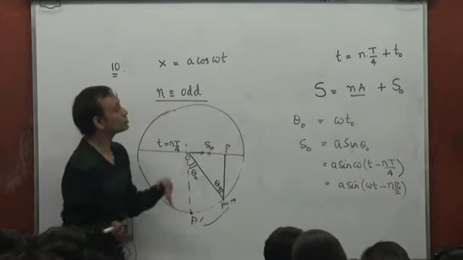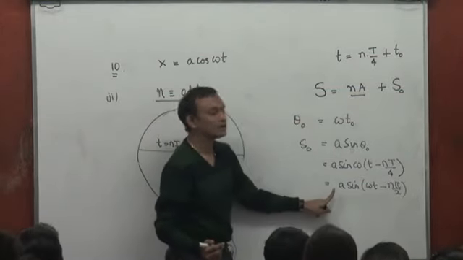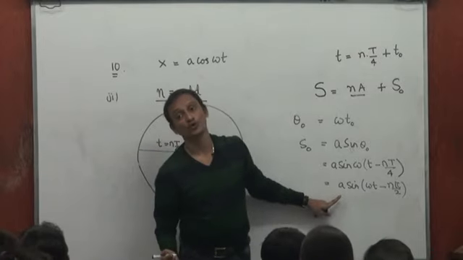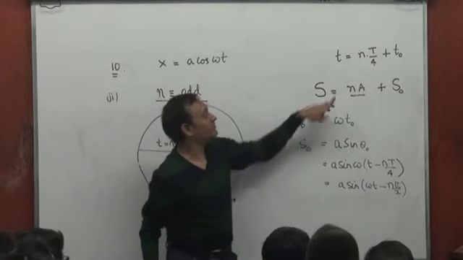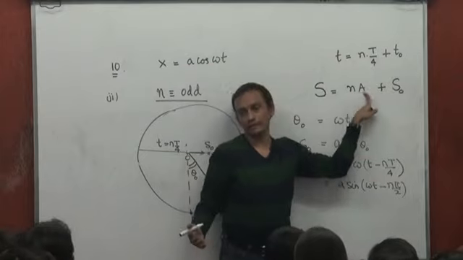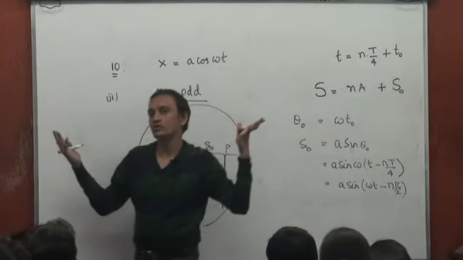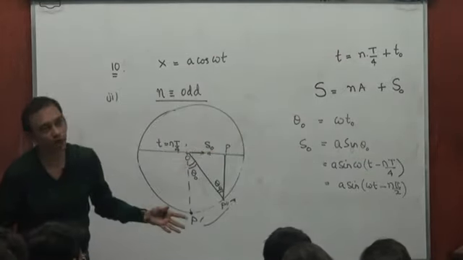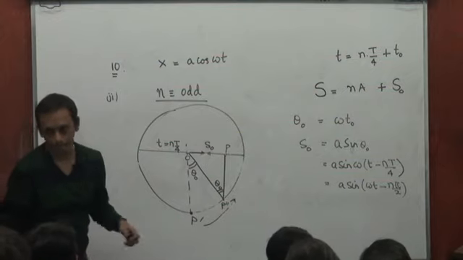That's S naught. So the total distance is going to be Na plus S naught, and when T naught is 0, obviously Na would be the total distance traveled. Got me?